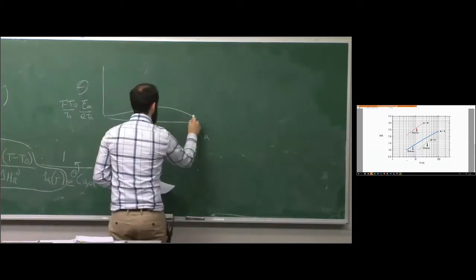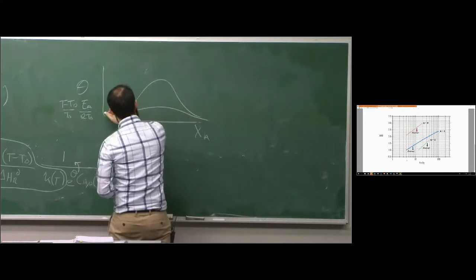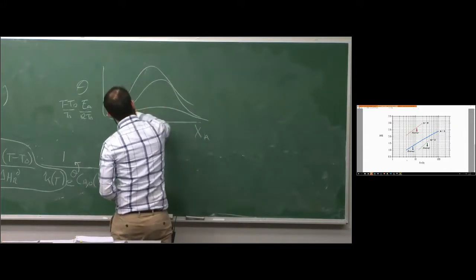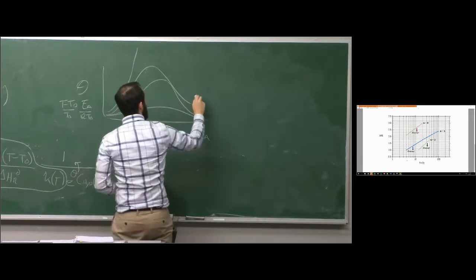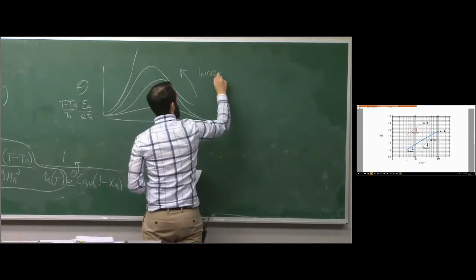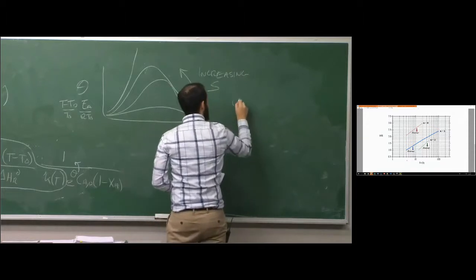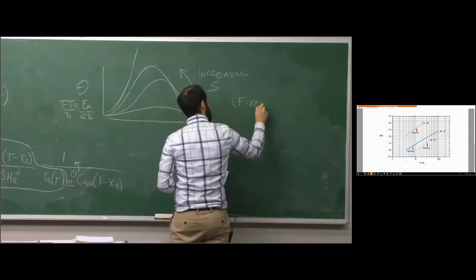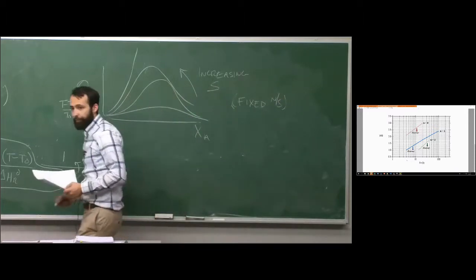And so you can get a value like this, or and what's changing here is I'm increasing S. Fixed N over S. All right?